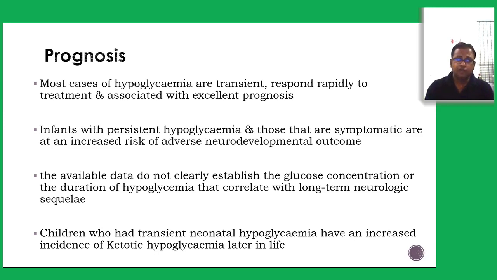The ones who will have problems are those with persistent hypoglycemia and those who are symptomatic, for example, babies who got convulsions due to hypoglycemia. But we don't have very clear data, and we don't know exactly at what glucose concentration level they will have permanent damage to their brain.